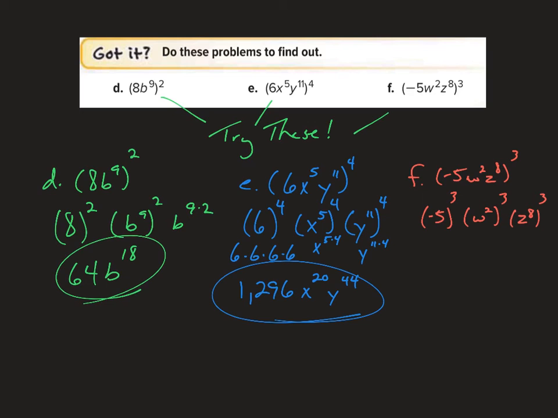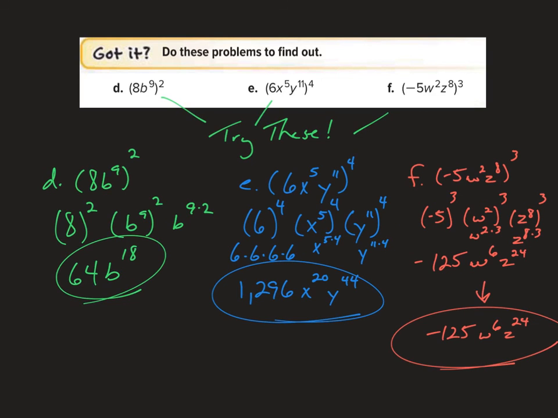Negative 5 to the third would be negative 125. W squared to the third would be w to the second times 3, which is w to the 6th. And then z to the 8th to the third power would be z to the 8 times 3, or z to the 24th. I'm going to rewrite that. Negative 125, w to the 6th, z to the 24th. That's our final answer.